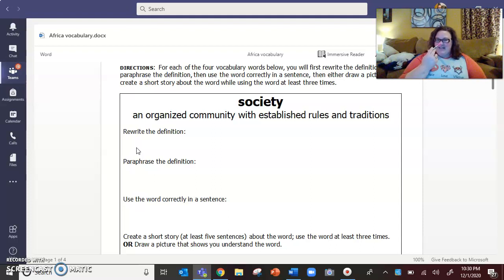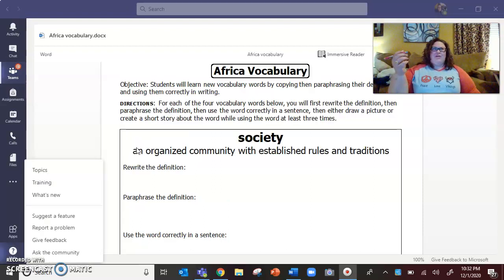Instead of that, I could say a group of people that does things a specific way. So, yeah, I like that. A group of people that does things a specific way. So that's what I'm going to write down.